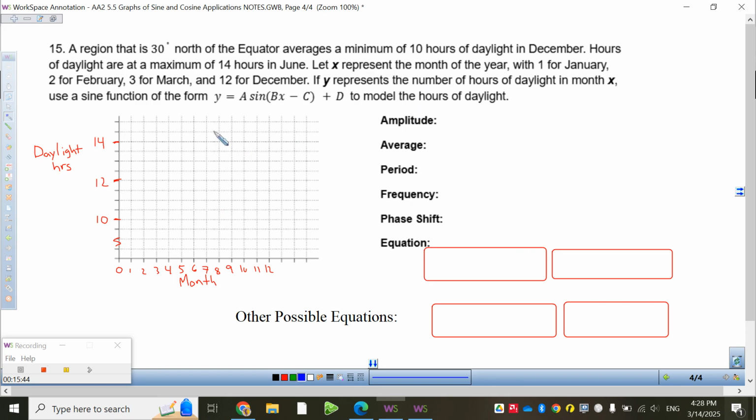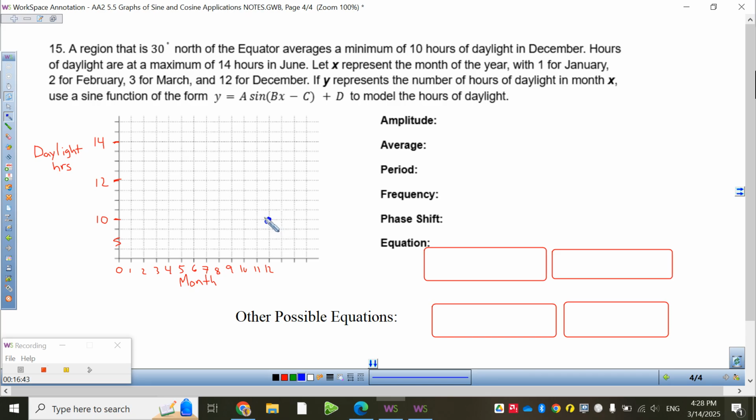All right, so we have a minimum of 10 hours of daylight in December. So I'm going to put a dot at 10 hours in December. Okay, and we're going to use a little bit of logic here.